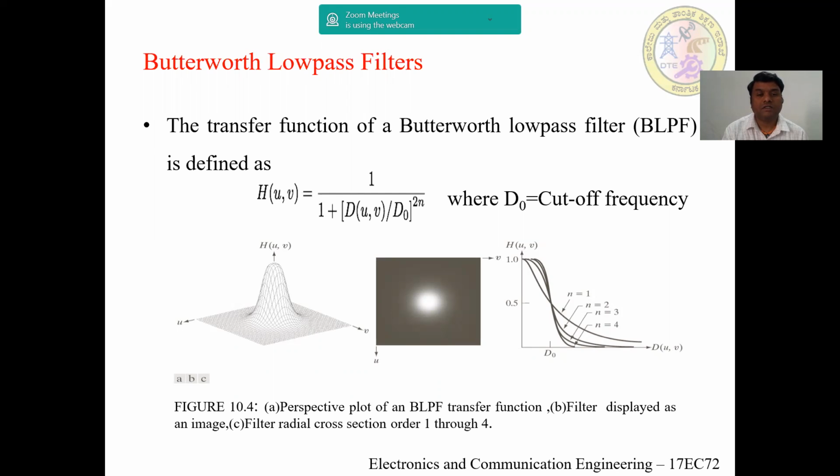Figure B is the filter displayed as an image. Figure C is the filter radial cross section of order 1 through 4. That is a plot of the transfer function with respect to D(u,v).